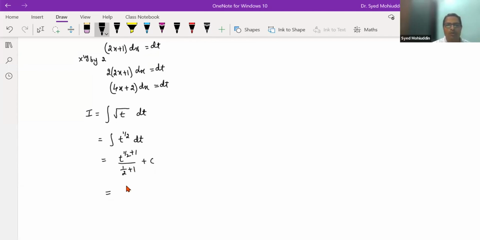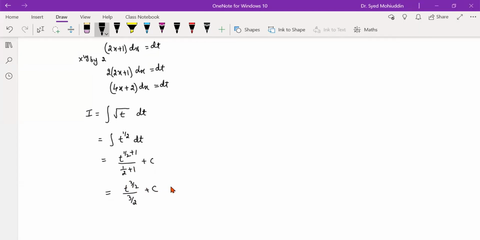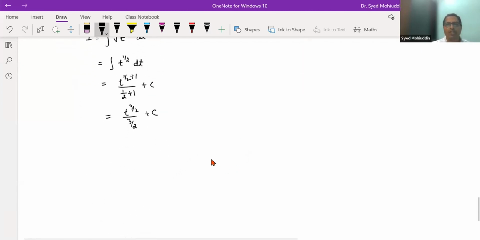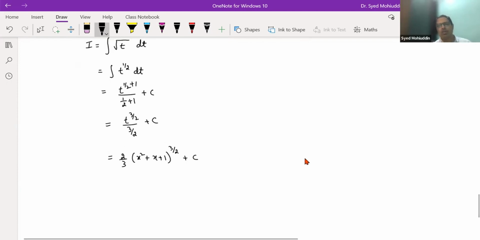But t power of half plus 1 is nothing but t power of 3 by 2 plus the constant c. And you just plug in the value of t, which is x square plus x plus 1. And if you take this 3 by 2 to the numerator, it becomes 2 by 3 into x square plus x plus 1 to the power of 3 by 2 plus the constant of integration c. That will be the required solution.